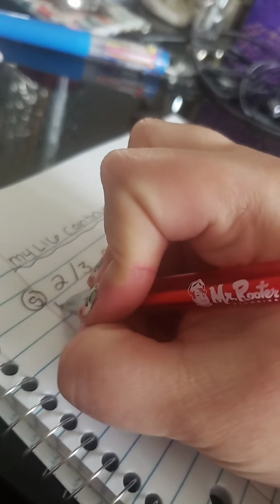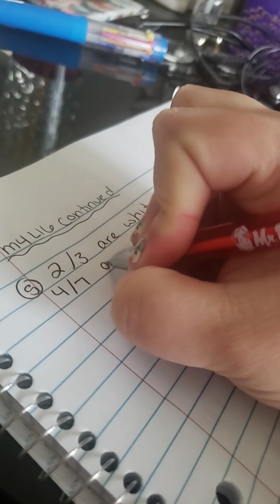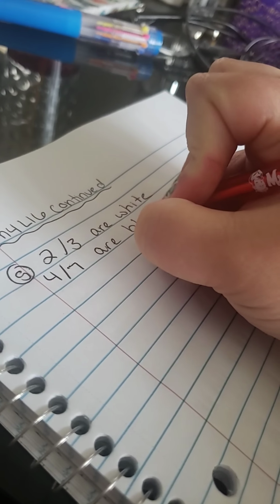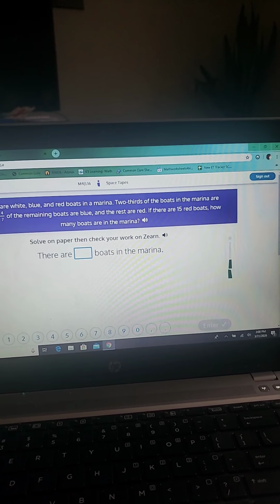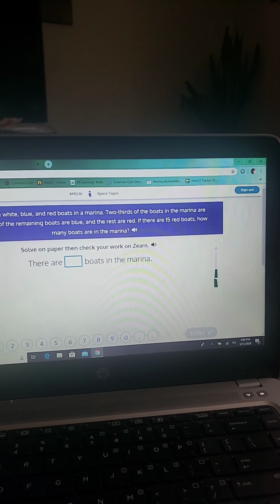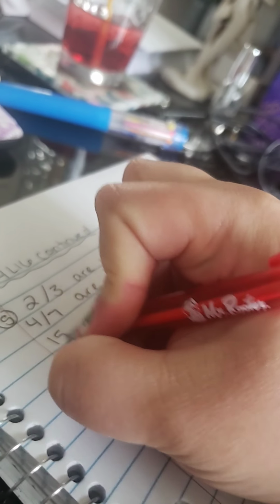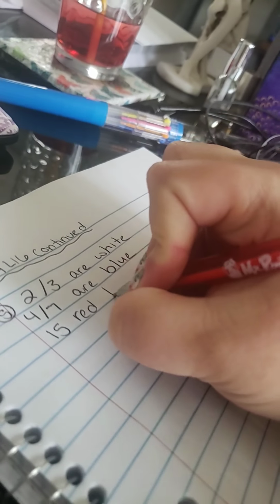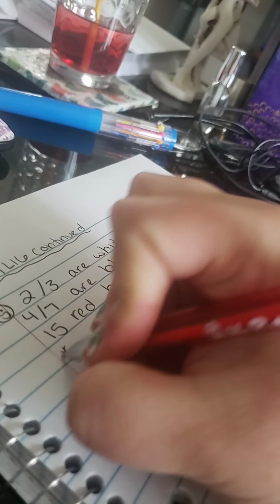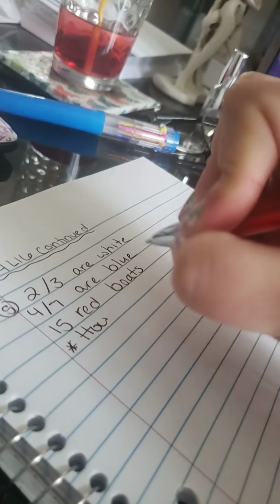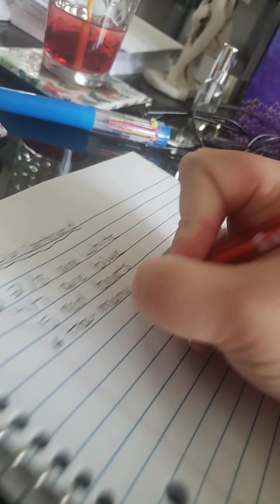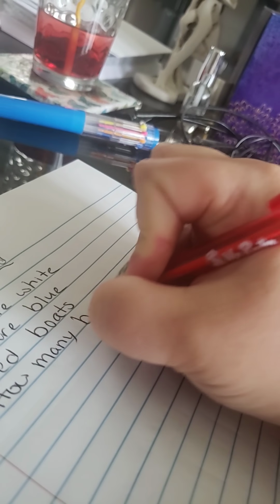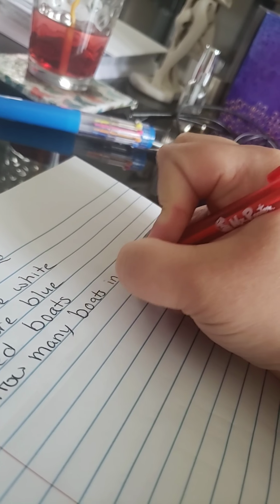So 4/7 are blue. And the rest are red. If there are 15 red boats, how many boats are in the marina? So the last bit of information we have is 15 red boats. My question is, how many boats in all?